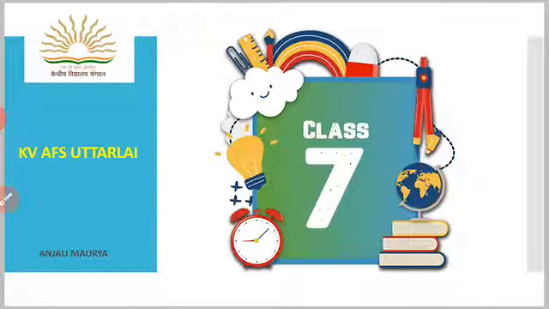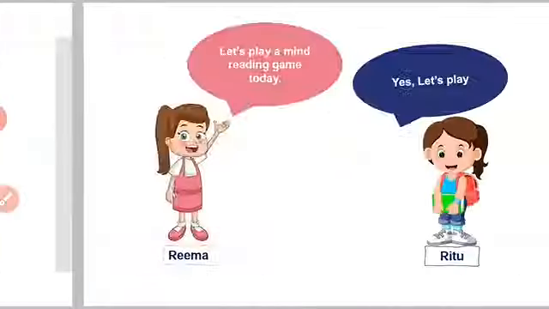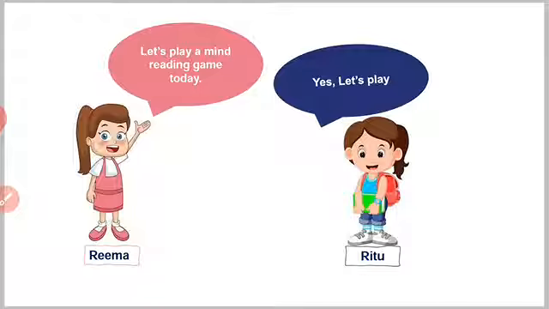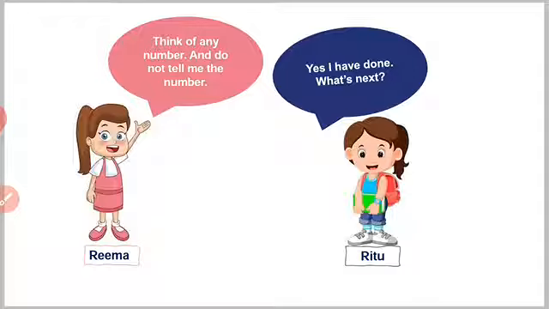But before we start a new chapter, let us consider a case where Rima and Ritu decide to play a mind reading game. Rima asks Ritu to think of a number. She does not know the number.